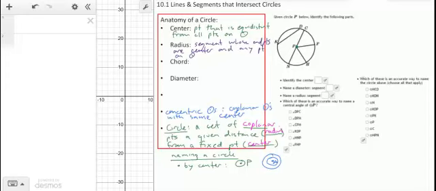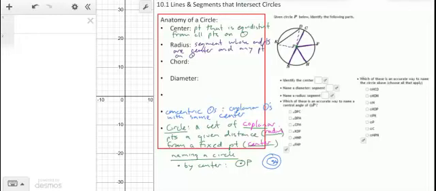Okay, so if you look at this, PC, PF, PH, PN, even though it's not drawn, I could call PK and PD radii as well. Radii is the plural form of radius. Okay, so any segment whose endpoint is the center of the circle and then some point on the circle itself, that's called a radius.